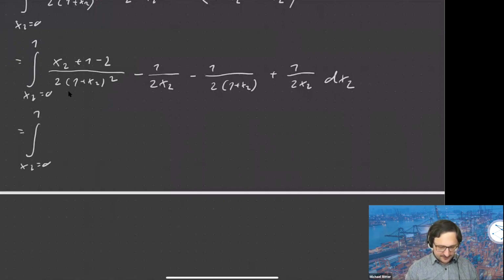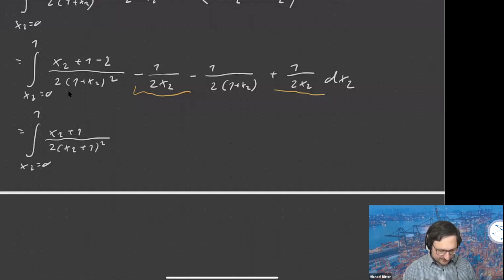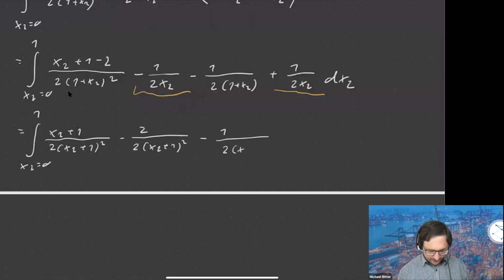So first, this here, let me mark that in a color actually. So this here and this here, this is the same expression with a different sign, so that cancels out. And here, let me just do this simplification step here. We have x2 plus 1 over 2, x2 plus 1 squared, minus 2 over 2, x2 plus 1 squared, minus 1 over 2, x2 plus 1.